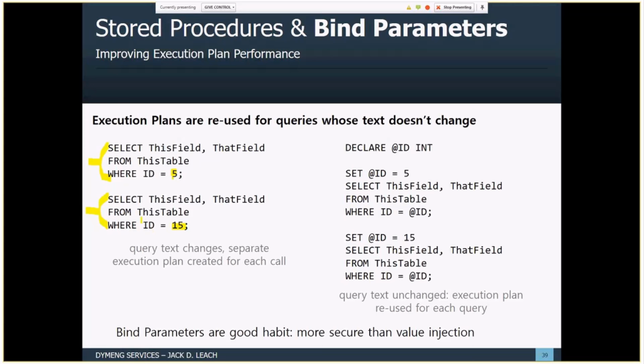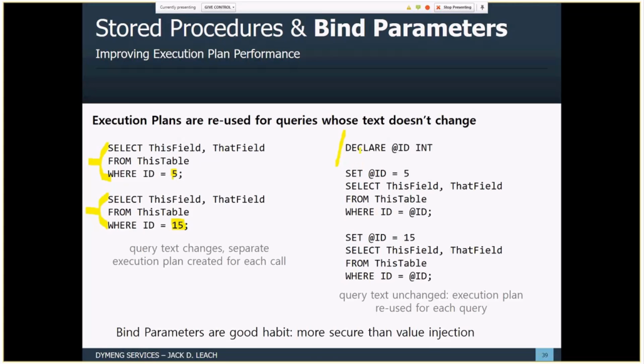For a very simple query like this, it wouldn't be a big deal, but when you start getting into larger, more complex queries, the time it takes to come up with an execution plan is something we want to be aware of. And if it needs to do that every single time because we are hard coding values into a SQL string, we can do better than that.